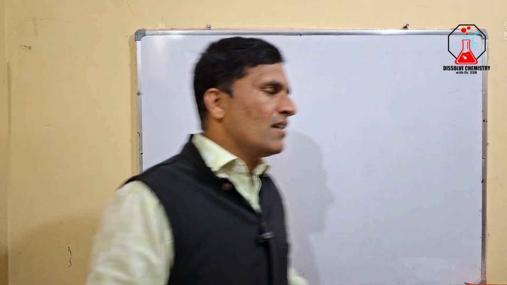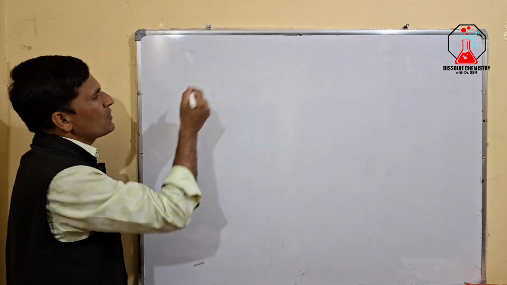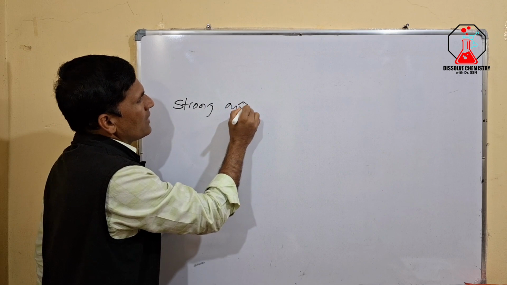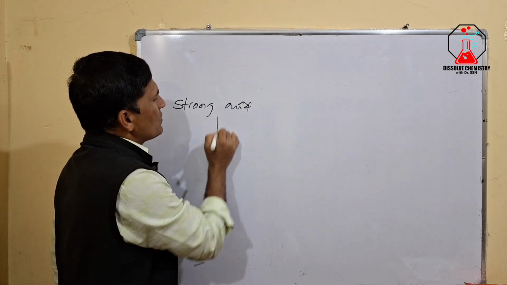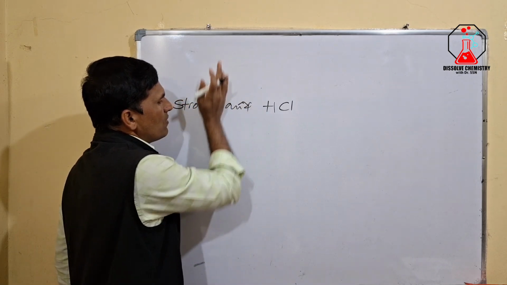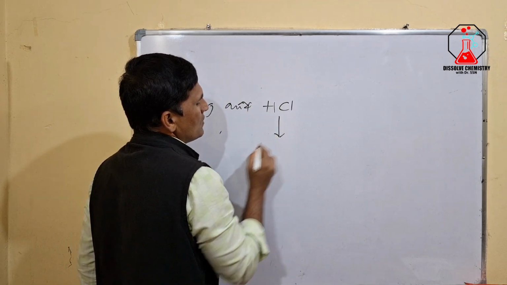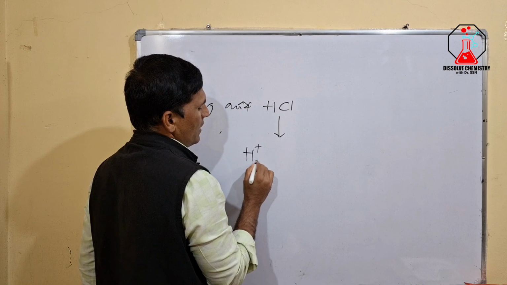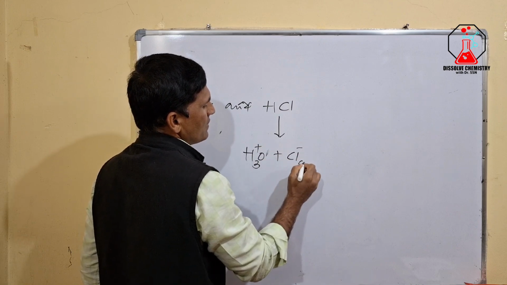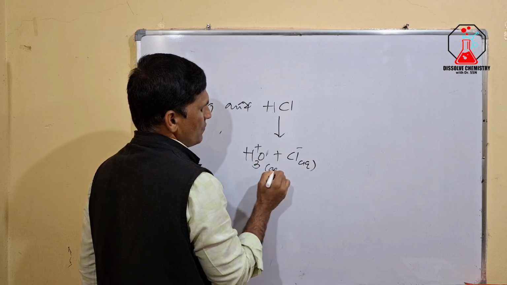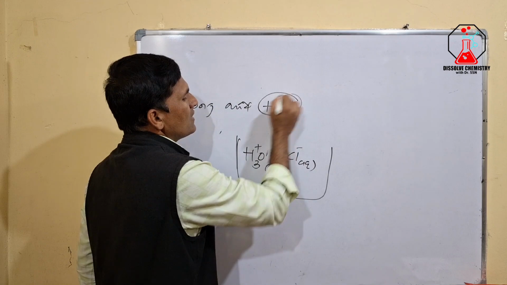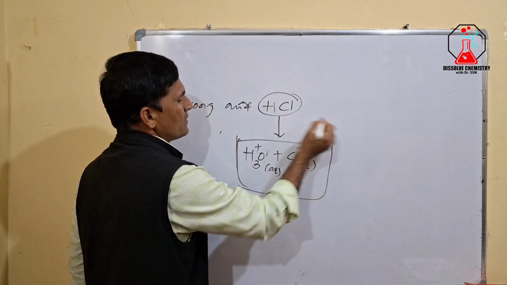Suppose you take a strong acid, HCl as an example. If you dissolve that in water, it will ionize as H3O plus and Cl minus aqueous, and your identity as HCl is completely lost upon addition in water.